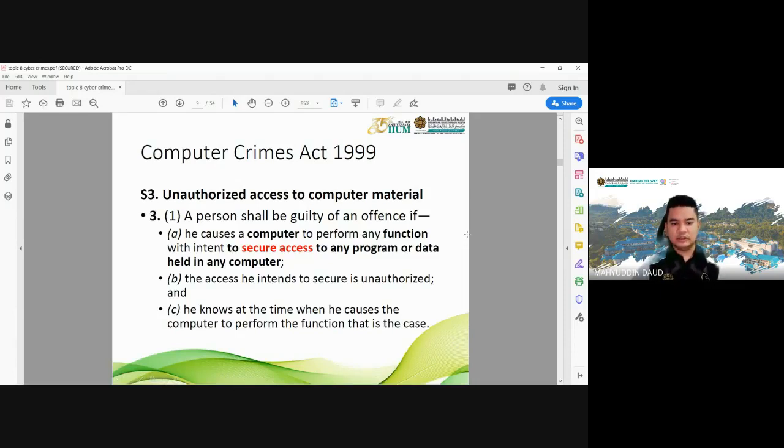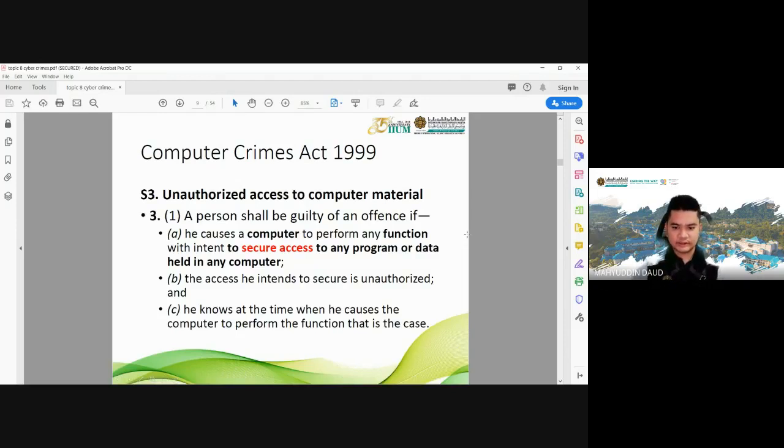So he uses a computer, he does some kind of function, some kind of coding, and this is done with intention to secure access to any program or data held in any computer. So that's it. Section 3 is just that, trying to do something to get access to the computer.